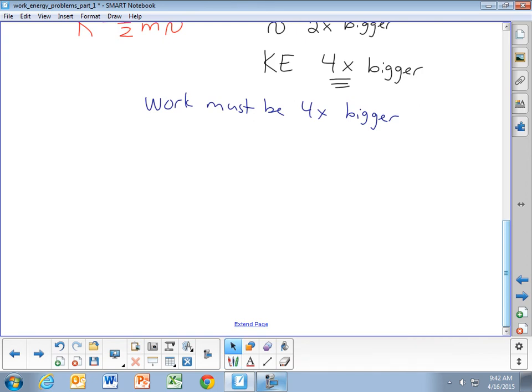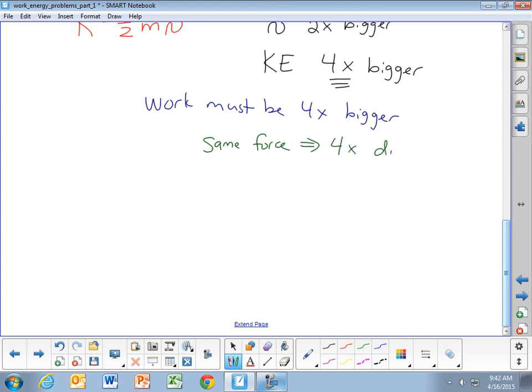So if you have the same force, but we need 4 times as much work, that means it's going to be 4 times the distance. So doubling the speed does not double the distance that it takes to stop. Doubling the speed actually quadruples the distance that it takes to stop.